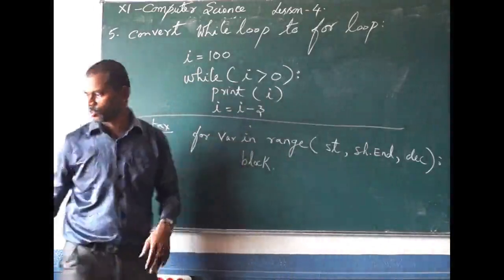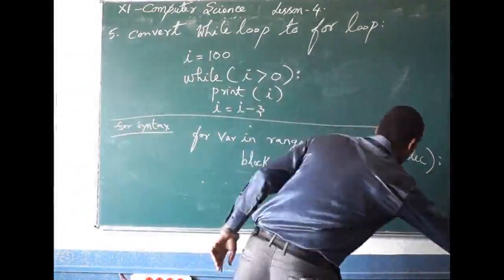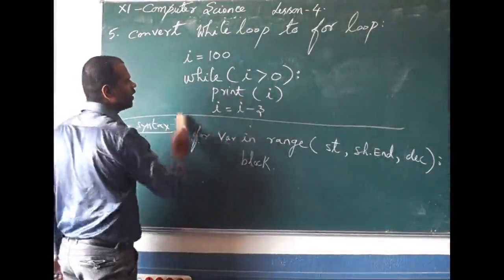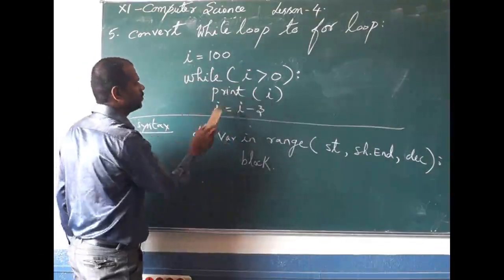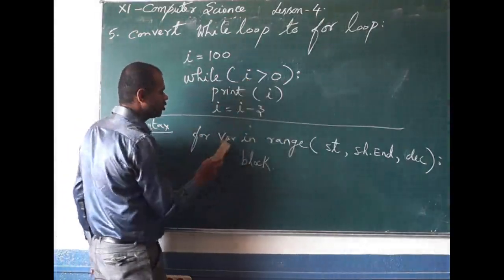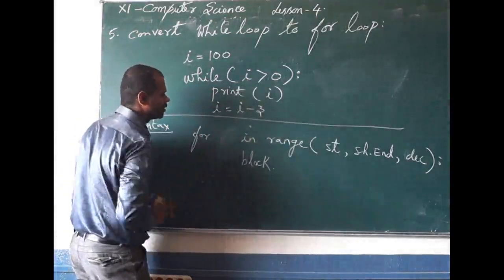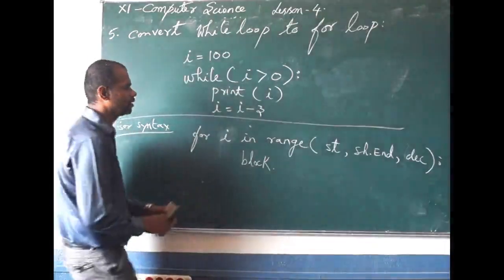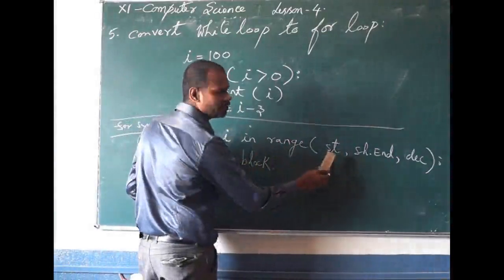Here we are going to write it. In the variable, what to write? In this while loop, I is the variable. So in front of variable we can write I.